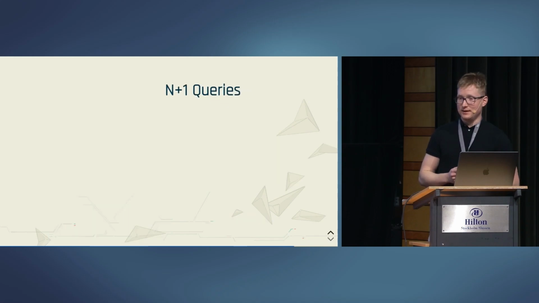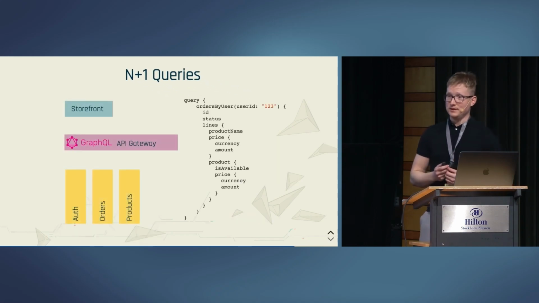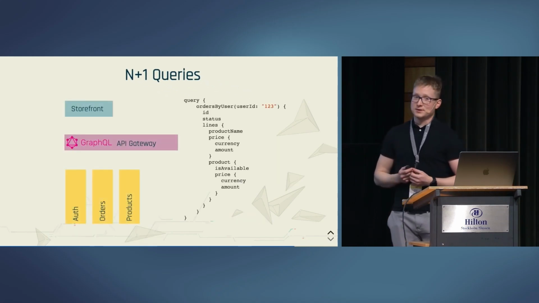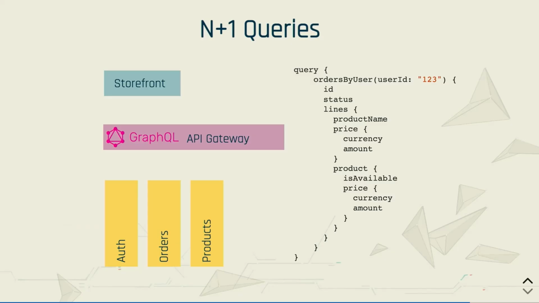And the final one, and I believe it's the most difficult one, is the N+1 queries. So when you have already coded your API gateway in the way that I presented, your orders by user query will call the order service, and for each of the order lines, it will expand the stock level and the price.